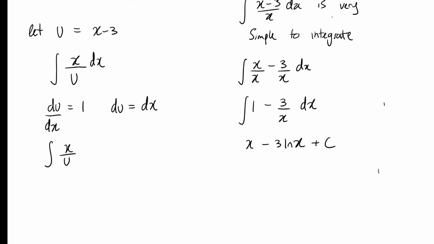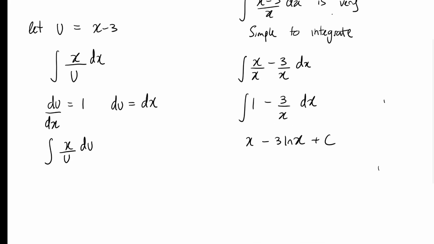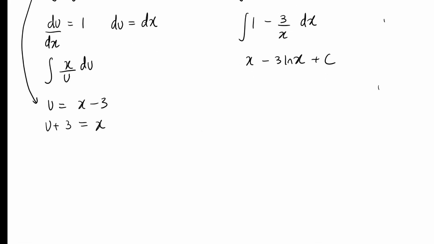So x over u du. Then we've got this x remaining on the top. If you take the u substitution and add 3 to both sides, u plus 3 equals x. We have a way of rewriting x in terms of u.